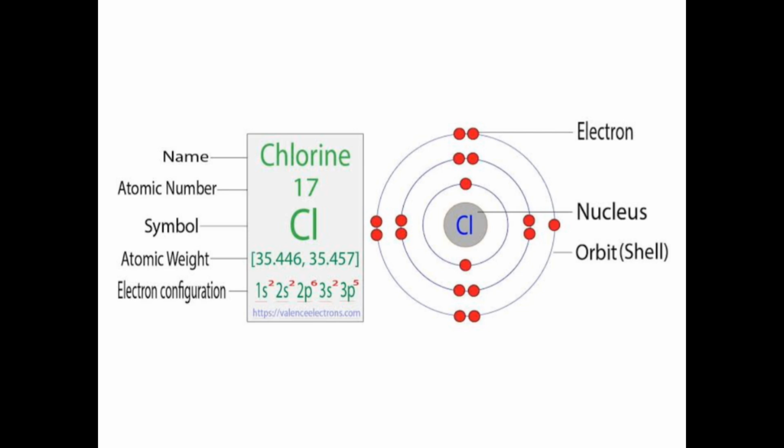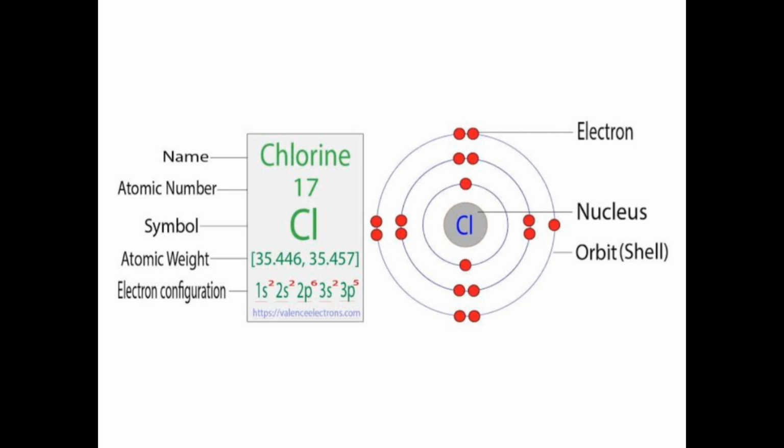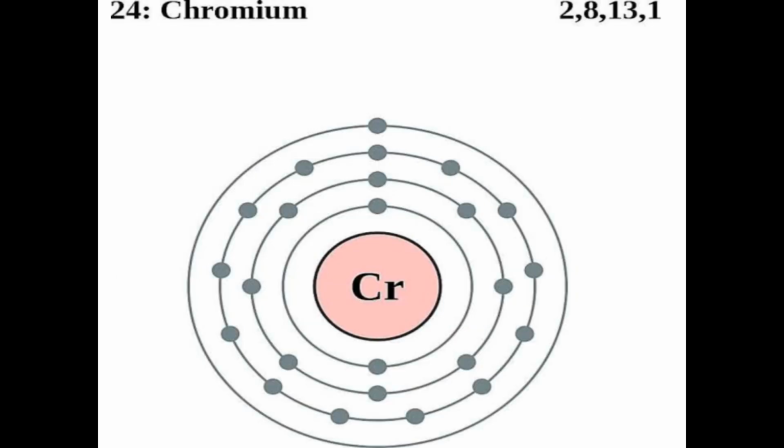From here you can see chlorine is 2, 8, 7. If you are writing the subshell, that's 1s2, 2s2, 2p6, 3s2, 3p5. So if you want to draw the diagram for the shell, the number 2 comes first, 2, 8, and 7. So you can take time to also practice those ones.